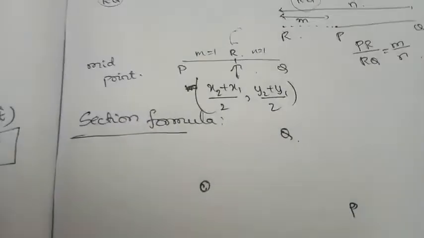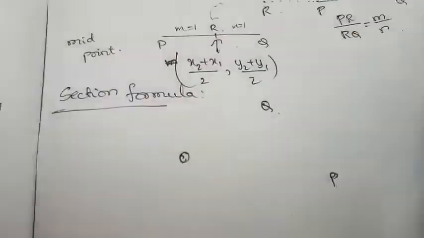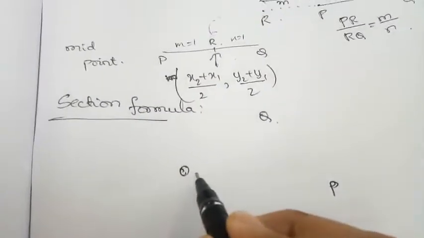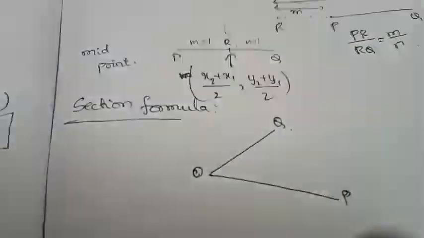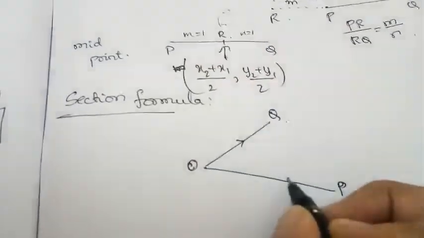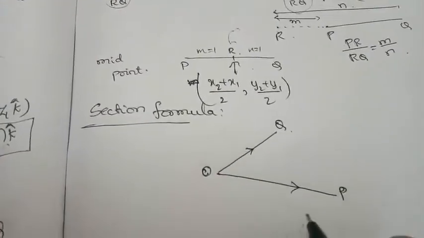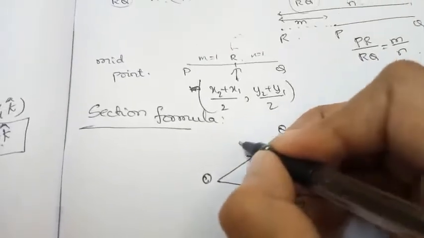So now let us come to the section formula in vector algebra. Let P and Q be any two points in the plane. Then let vector OP and vector OQ represent the position vectors of the points P and Q. I will call vector OP as vector a and vector OQ as vector b.